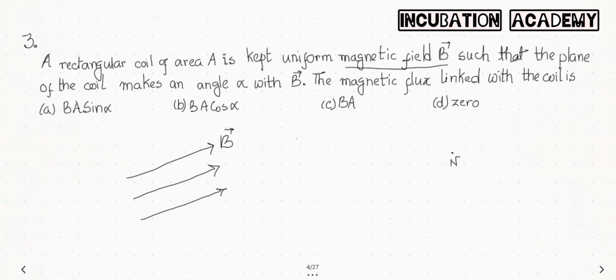Now if I consider a rectangular coil which is like this. Maybe this is the length and this is the breadth, but we are concerned about the area here since the area capital A is given.